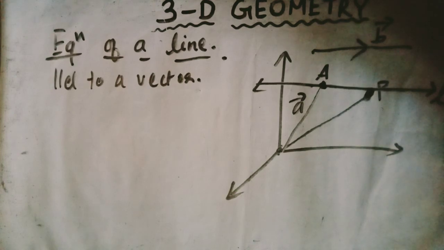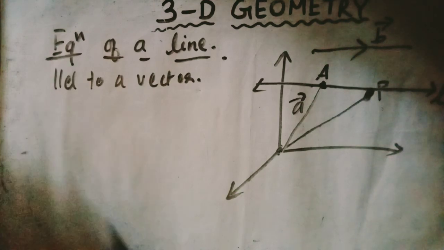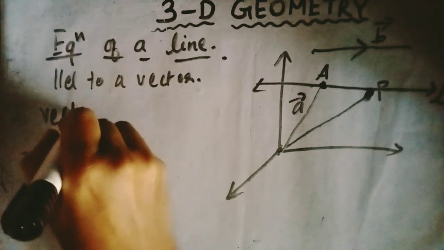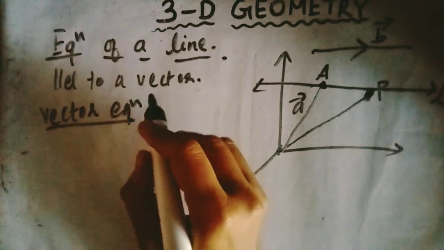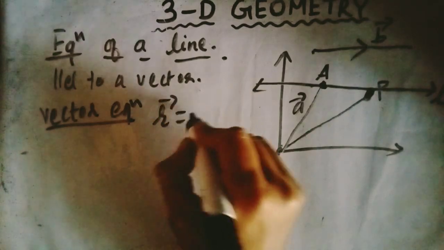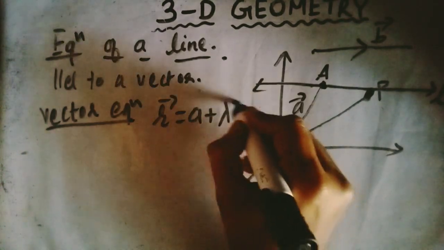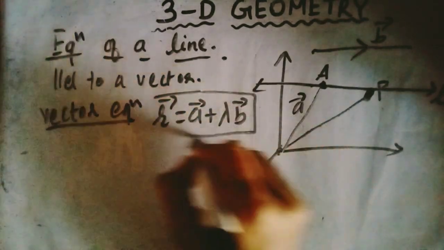Then the vector equation is given by r is equal to a plus lambda b, where lambda is a scalar.